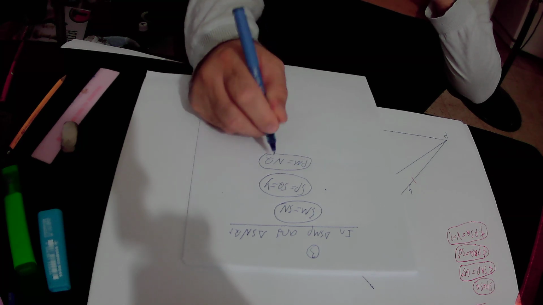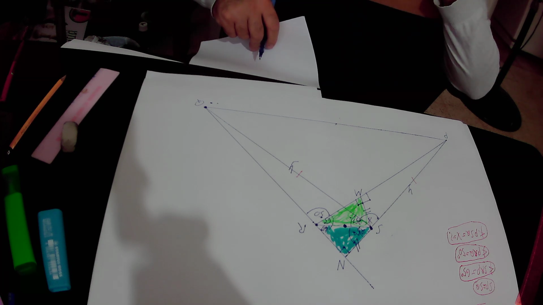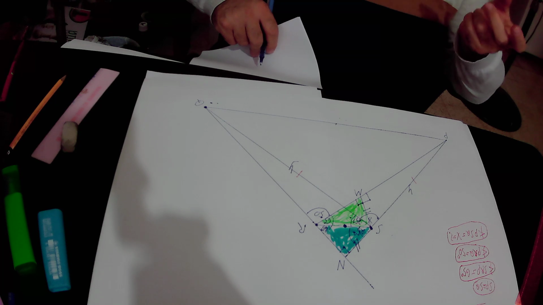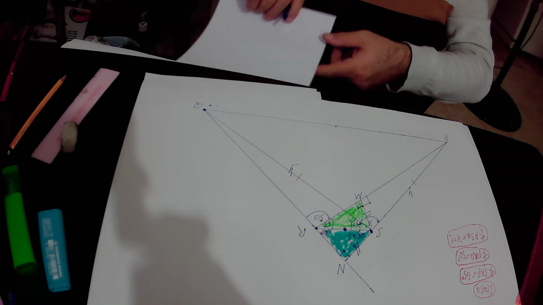Because those two triangles are right triangles, we can implement the Pythagorean theorem, which states that the square of the hypotenuse equals the sum of the squares of the perpendiculars. We will prove that PM equals NQ.